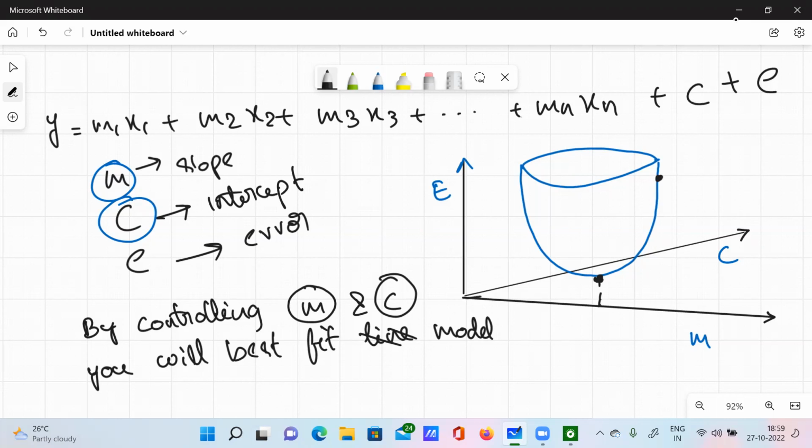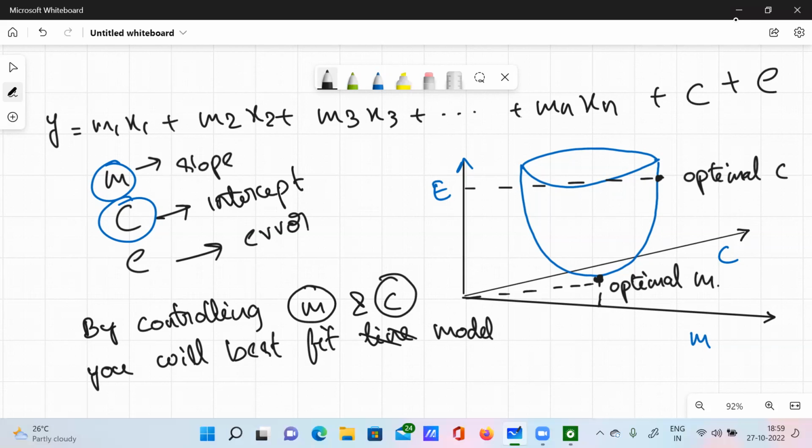Just think of it like this. So this is the optimal C and this is the optimal M here.